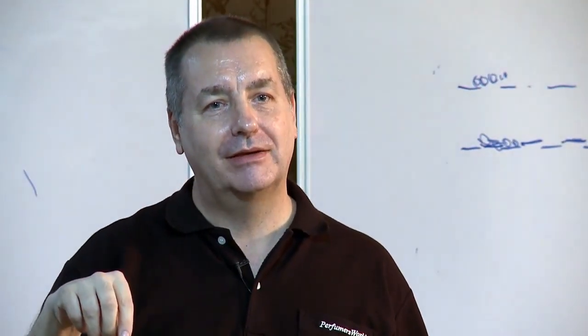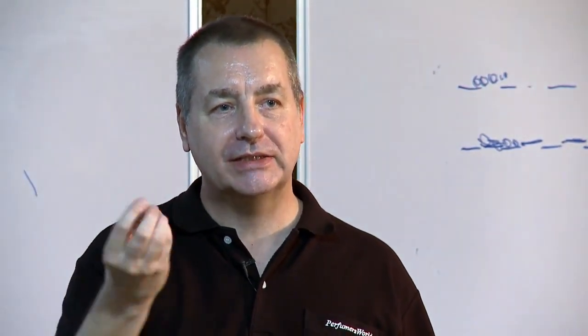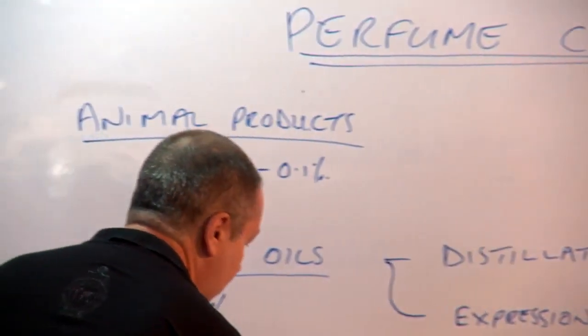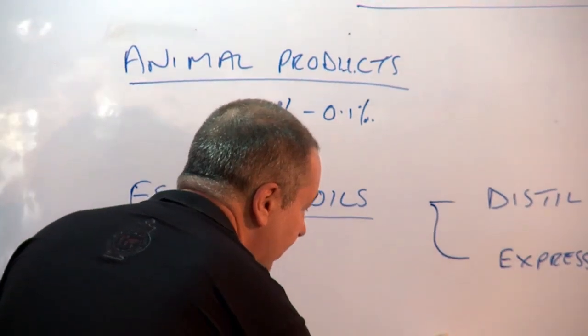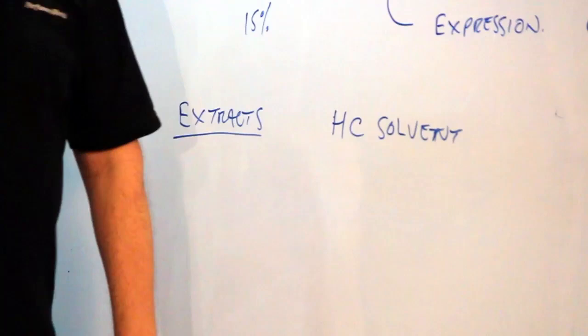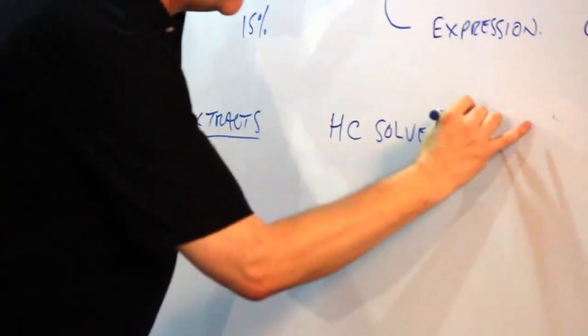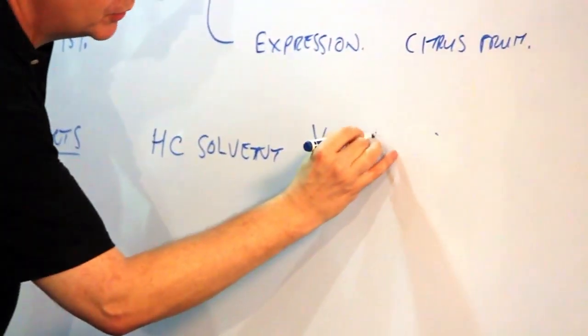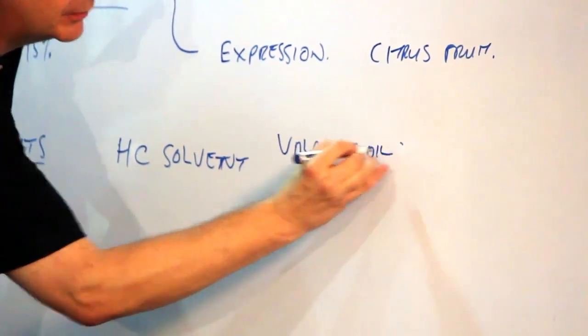And that basically washes the oil out of the petals. It breaks the cells. Yeah. So a hydrocarbon solvent. It dissolves the volatile oil. That's the one that we call the essential oil.